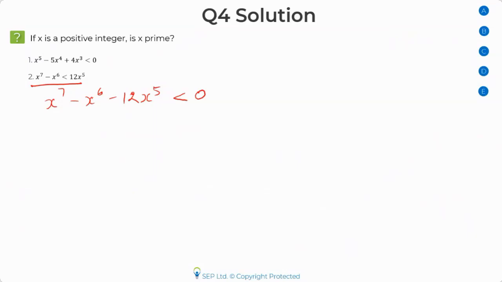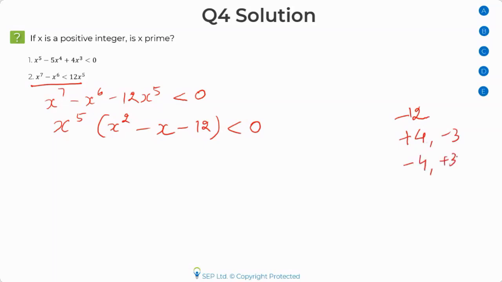So I can take x to the power 5 common from this. Then I have x squared minus x minus 12 less than 0. Now I have to middle term factorize again. Now 12 minus 12 can be written as plus 4, minus 3, or minus 4, plus 3, minus 6, plus 2, or minus 2, plus 6, or whatever.